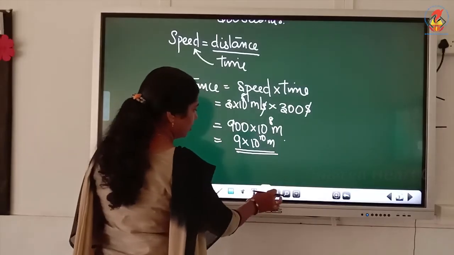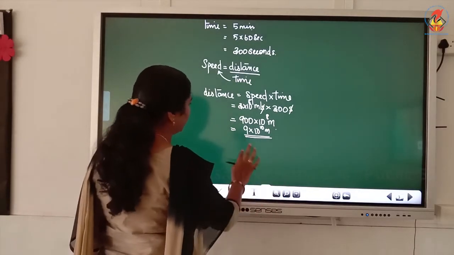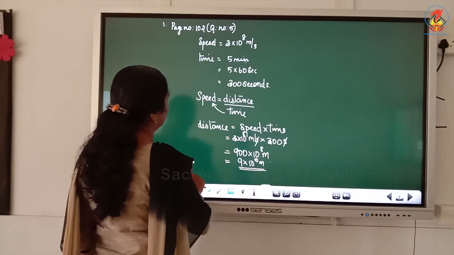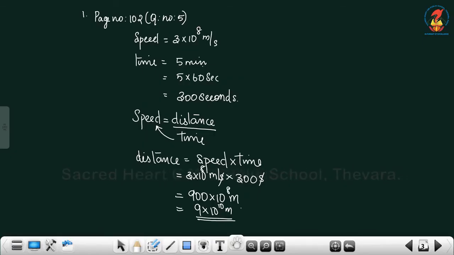Now just look at the way I have done it. The equal sign is just straight down, isn't it? In the same way you have to do it in your notebook. First read the question once or twice, then write what all things are given in the question.